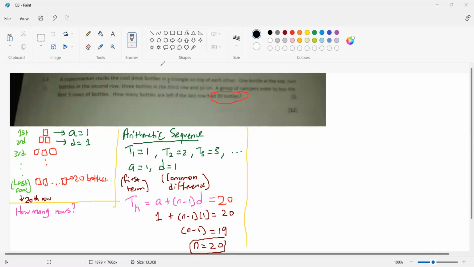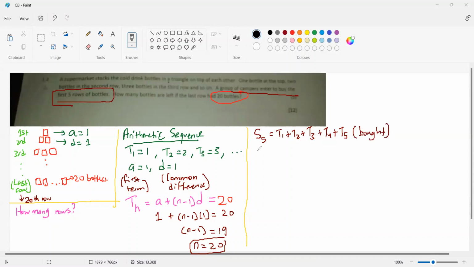Now they're asking how many bottles are left. The group of campers came to buy the first 5 rows. What is the first 5 rows? It is just S5, because you're taking out all the bottles from T1, T2, T3, T4, and T5. They're taking that away, so this is the bottles that are bought.